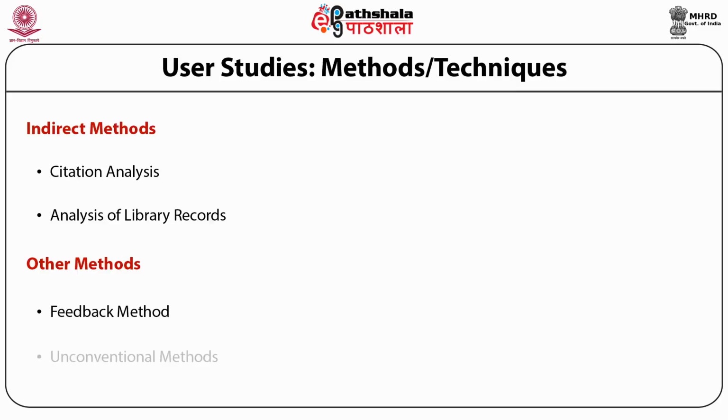Similarly, there are some unconventional methods which the library can follow to determine the information use or information needs of the users. So there are so many methods available which can be followed by the librarian or the investigator for undertaking user studies, for determining the information needs of the users.